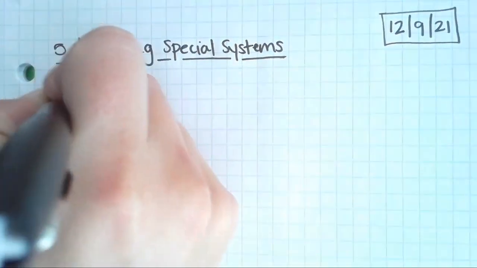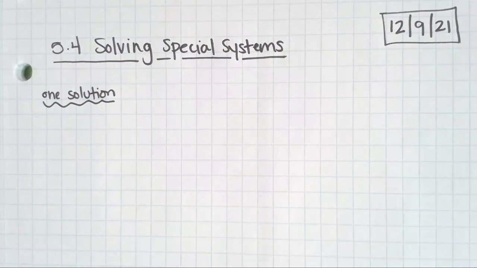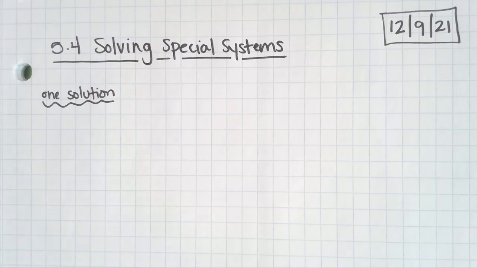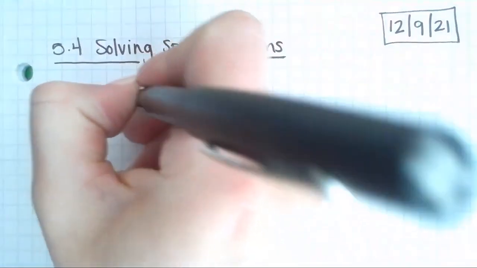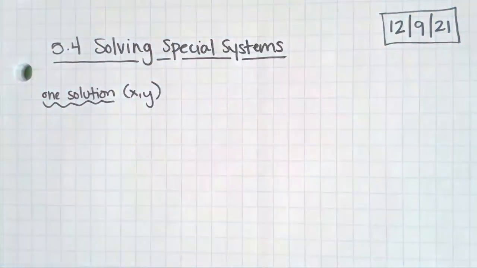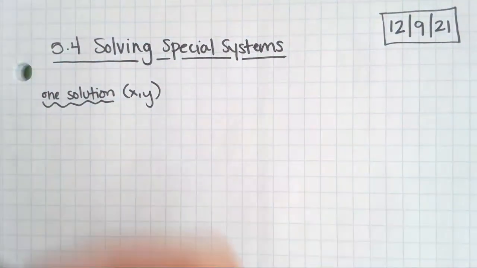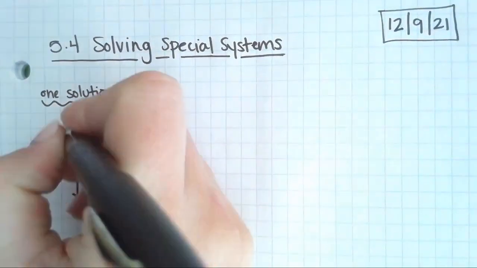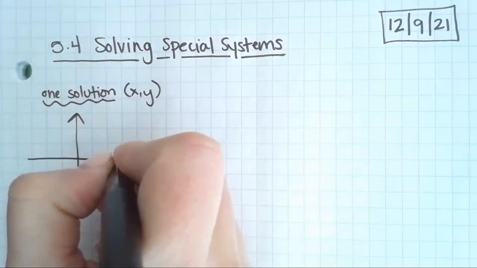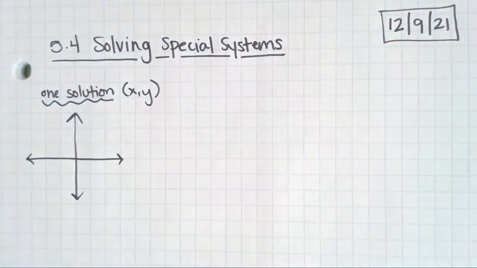We can have one solution. So this is what we've seen thus far. One solution, this is where we have that ordered pair of x and y where the lines intersect. Okay? So that's like what we've seen so far.